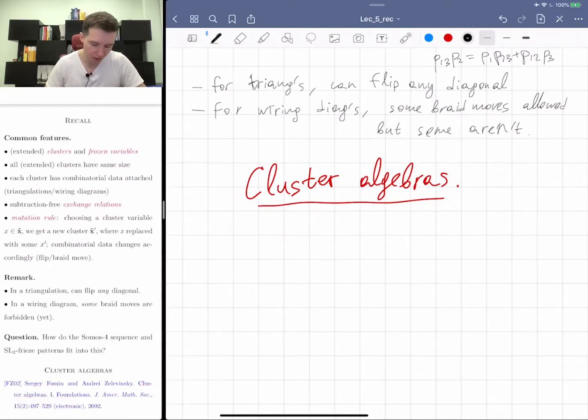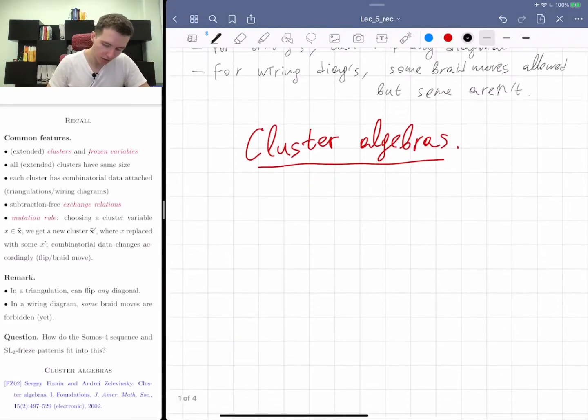Basically there they introduced this very general gadget, and then it got super popular because it was related to all these various fields. So, okay, let me start explaining cluster algebras. The main combinatorial input is that every cluster algebra is assigned a quiver.